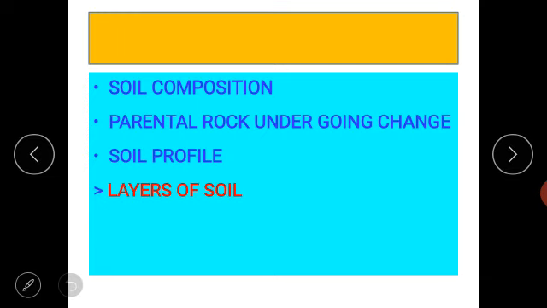It can be sandy soil, depending upon large particles. It can be clay soil, which has smaller soil particles. Loamy is the combination of both clay and sandy, so that is the medium category of the soil.